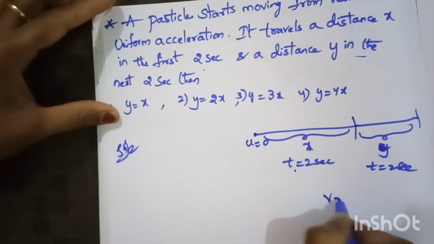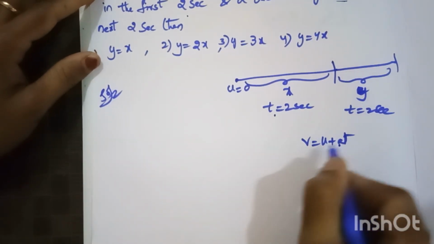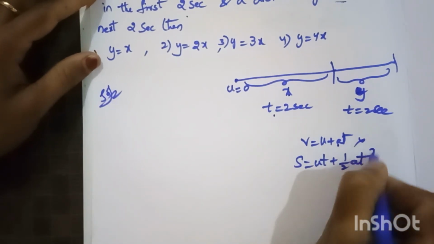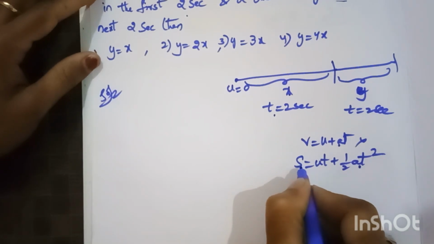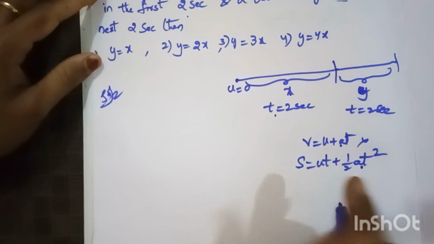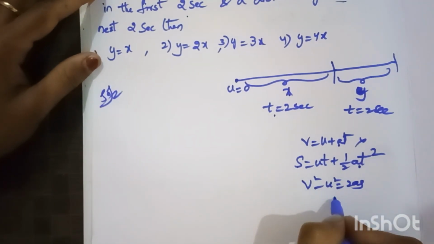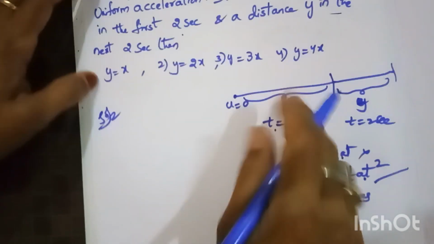So v equals u plus at: this is not possible because you don't have the v value and the a value. s equals ut plus half at square: you have time and distance s, and acceleration is the unknown, so everything is possible. You can take the second. v square minus u square equals 2as: you can't take this third one because in this equation you don't have any time t. So by taking the second equation you can solve this problem.